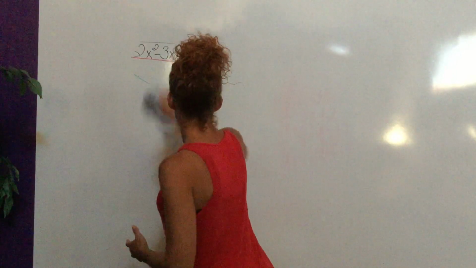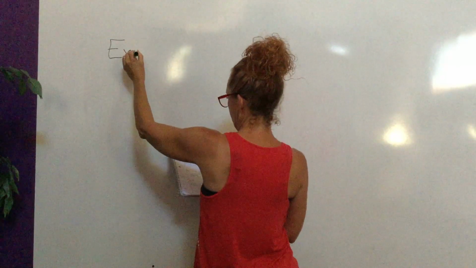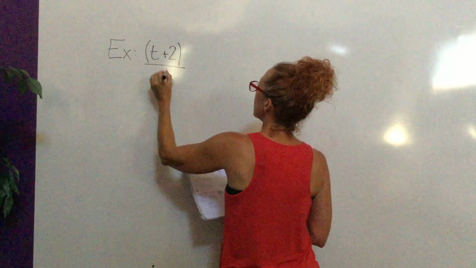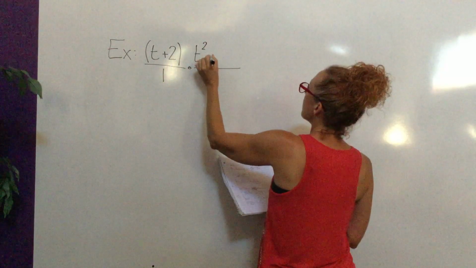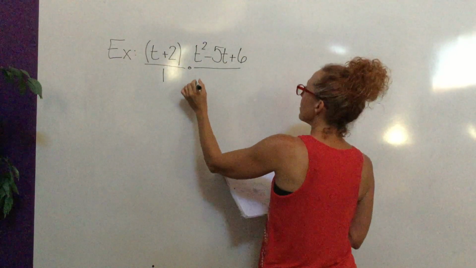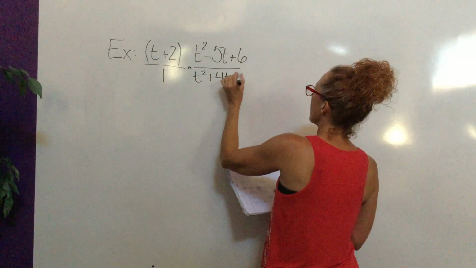So there's different types of factoring that I can throw out at you. We can do any of the types we learned in chapter 5. So I just have a bunch more examples similar to that. Here's another one. Let's do t plus 2 over t squared minus 5t plus 6, and then t squared plus 4t plus 4.